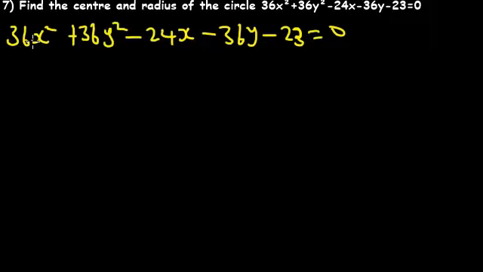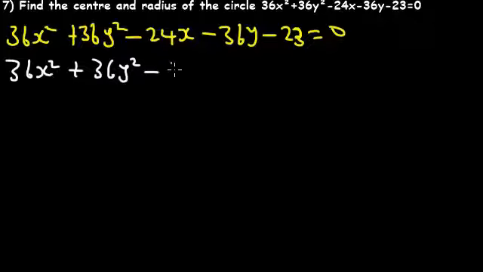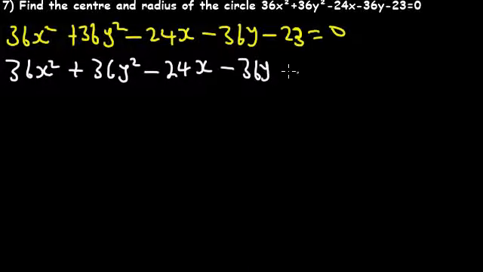Just like before, let's first of all separate the variable terms from the constant term. So we have 36x squared plus 36y squared minus 24x minus 36y equals, so negative 23 becomes positive 23. Now let's try and complete the square.